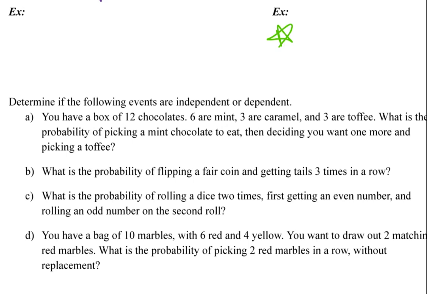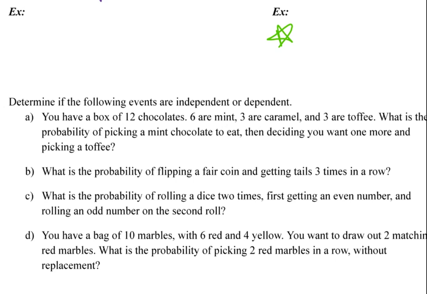So the first one is this. It says you have a box of 12 chocolates. 6 are mint, 3 are caramel, and 3 are toffee. What is the probability of picking a mint chocolate to eat, then deciding you want one more and picking a toffee? Take a guess, or take an educated guess.